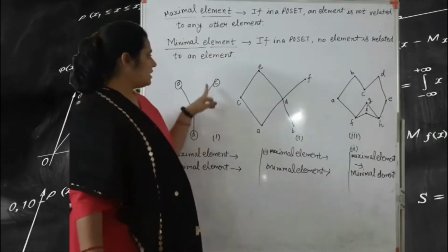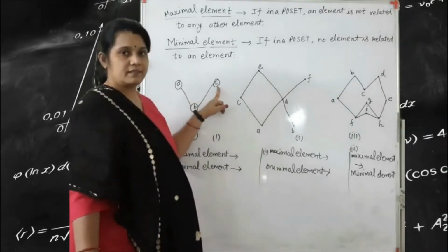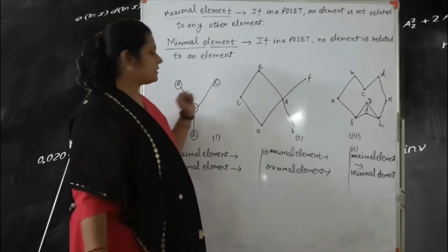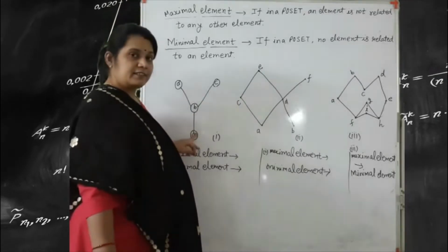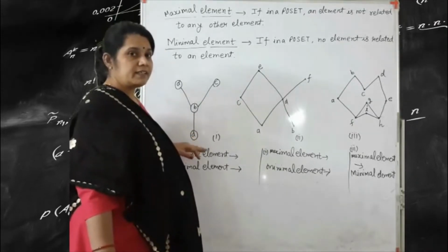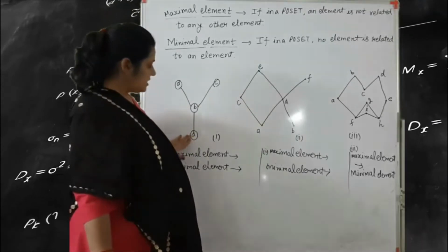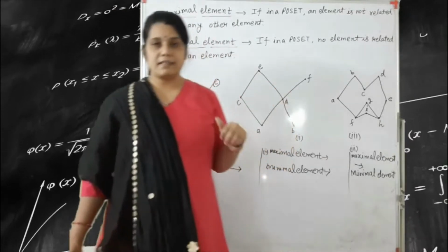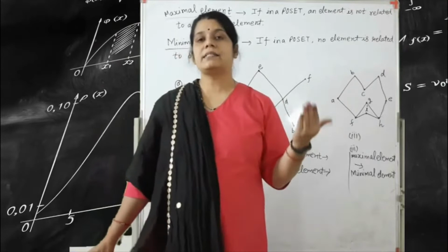That means here A and C are related to B, that is, B is related to A and B is related to C, and D is related to B. But here the bottom element D, no element is related to D. So this is your minimal element, and in any Hasse diagram, one or more minimal elements are present.